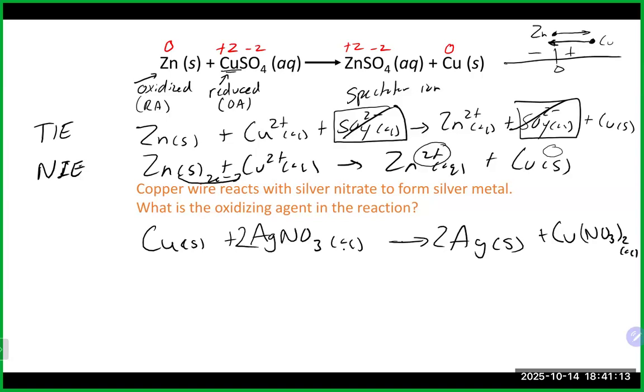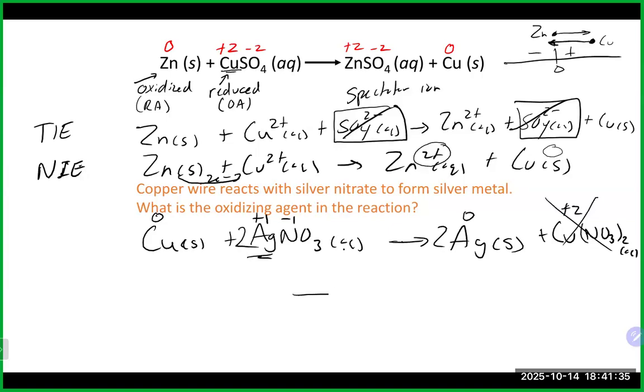But to answer this question, we want to know really what is the oxidizing agent in this reaction. So we could look at our oxidation numbers. Our copper here is 0, our silver is +1, -1 for our nitrate, 0 for our silver, and really +2 over here. But even if you did not know this guy, we will just look at the silver to help us answer this.